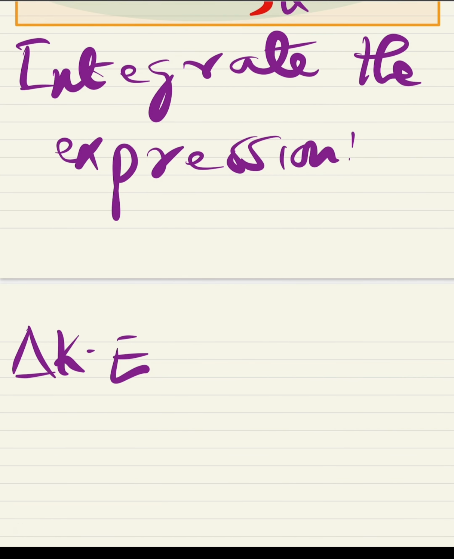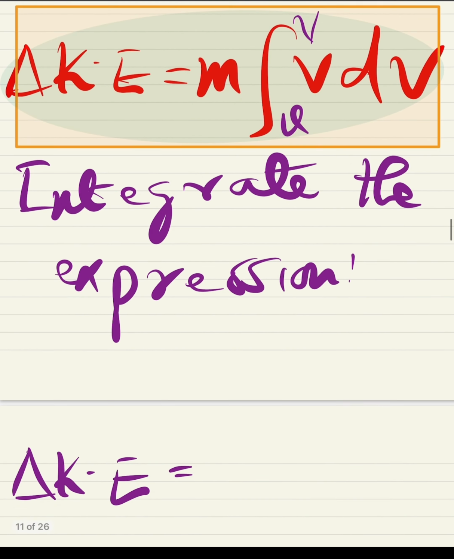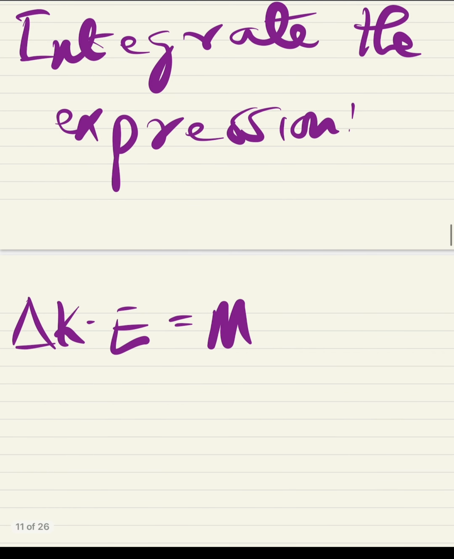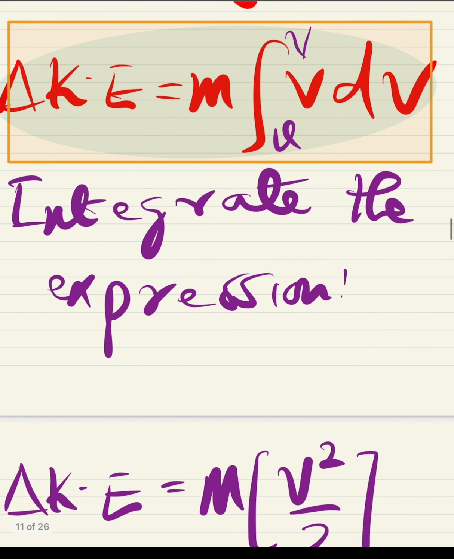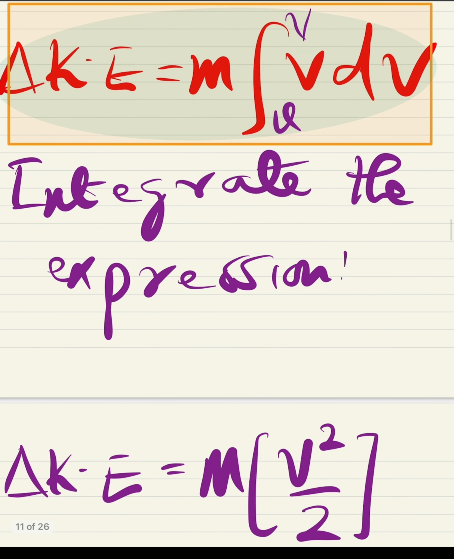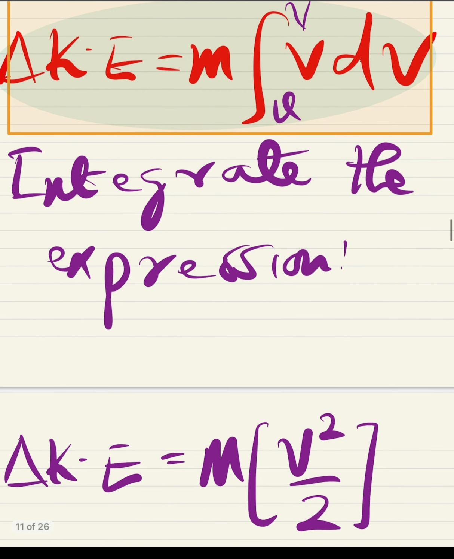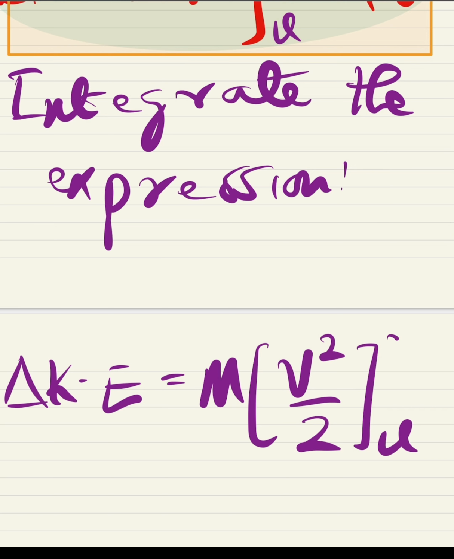Normally we are supposed to have m. This will give us v squared over 2. So probably we are going to have plus c, the arbitrary constant. But now that we have defined the upper limit and the lower limit, we can just put the u and the v.